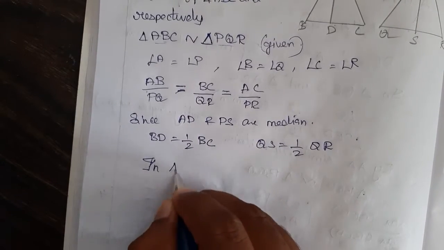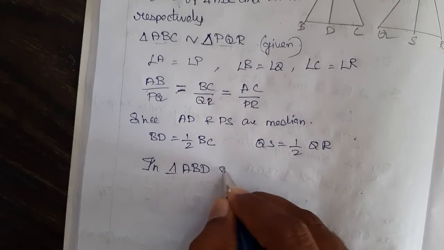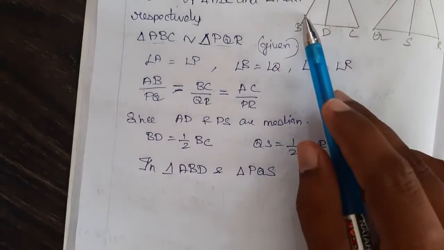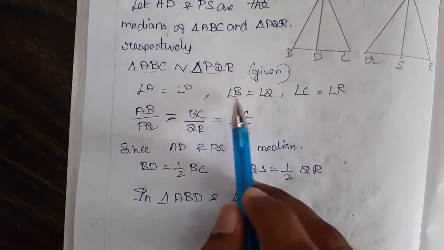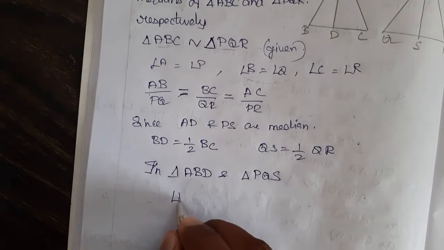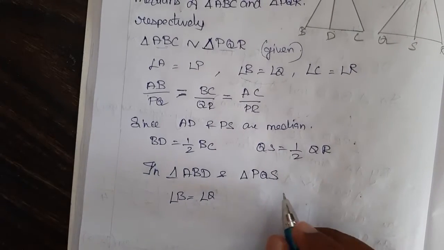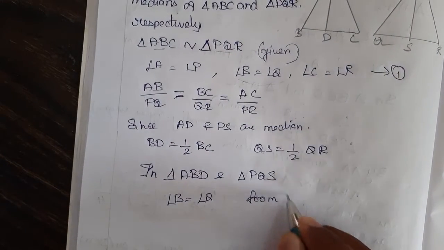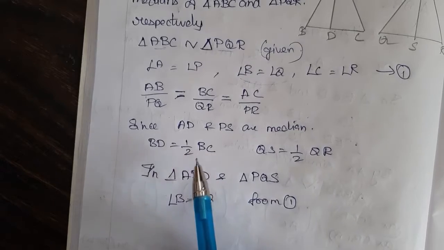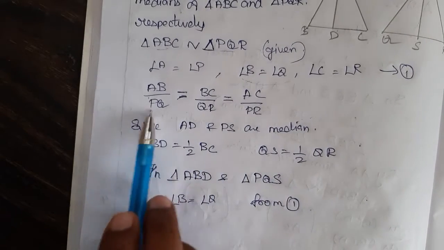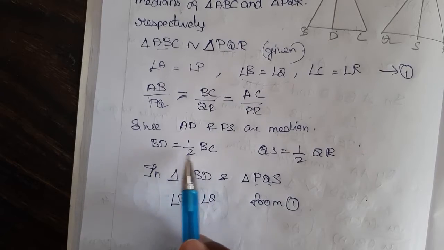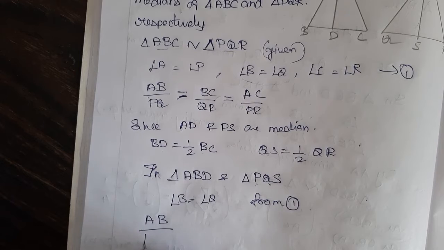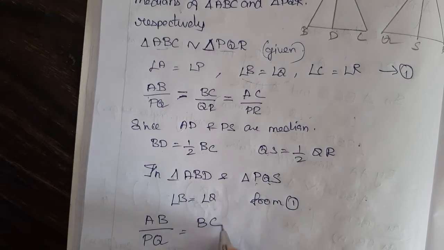So in triangle ABD and triangle PQS, angle B is equal to angle Q, since we already know that from the given. Let me call it equation 1. So from 1, we can take the ratios: AB by PQ is equal to BC by QR.